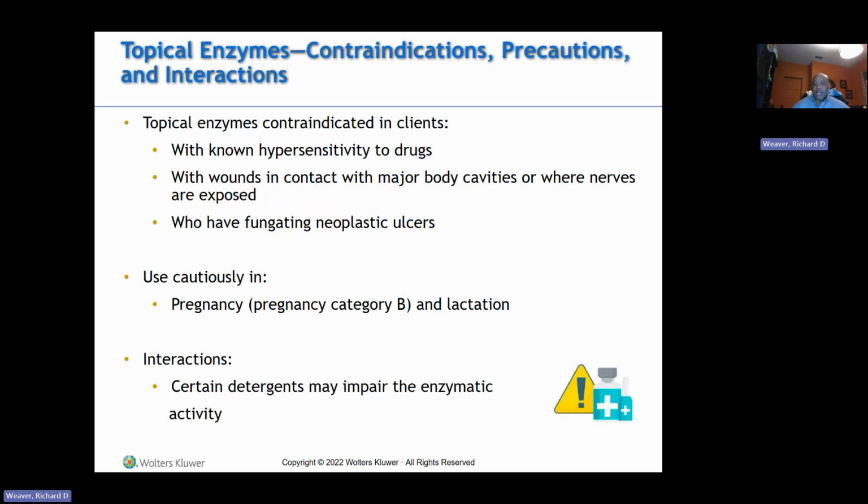Your book also talks about the optimal pH for collagenase is 6 to 8, and so this is basically when this medication will be effective, when the pH is around that area. If there's a higher or lower pH condition, it will decrease the enzyme's ability to eat away the bad skin, if you will. So pH has to be within 6 to 8.